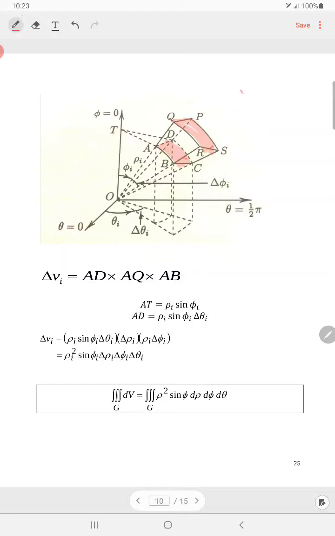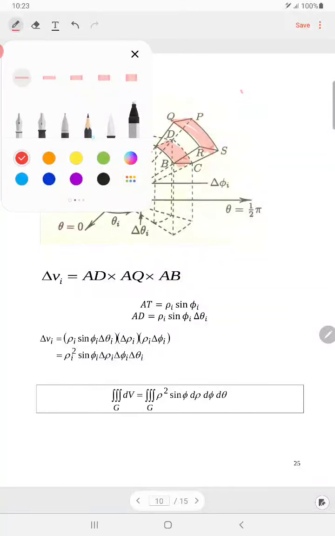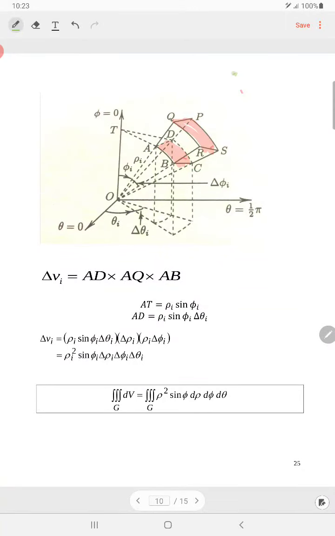Let me show you where the planes are. Part of the planes would be on the ABRQ. Let me change the color. Let me erase the surface on the sphere first. Now the part of the vertical planes would be this, PDCS.